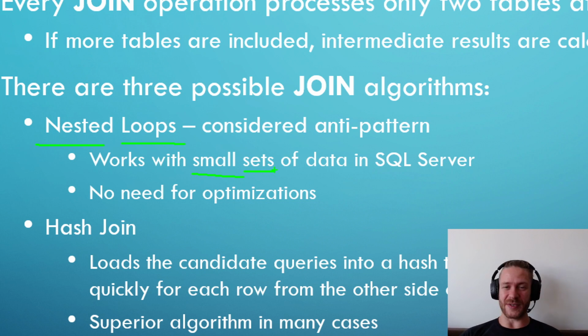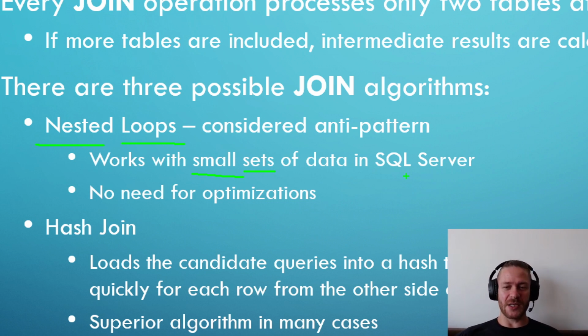This optimizer's job is to consider the best approach for your query. In one situation, the optimizer may decide to use one algorithm, depending on previous queries, depending on cache, depending on the dataset and how many entries there are in the table, and it may decide different options.